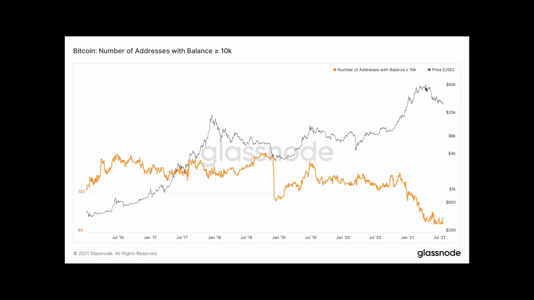Not saying that this is going to be a cycle high, but it was definitely an important high. We had a pretty decent drop from there. And by looking at this data, you could have been able to see, okay, maybe something like that could happen based on what I'm seeing some of the biggest addresses doing with their coins. Okay, so that was the number of addresses with a balance of 10,000 Bitcoins or more.